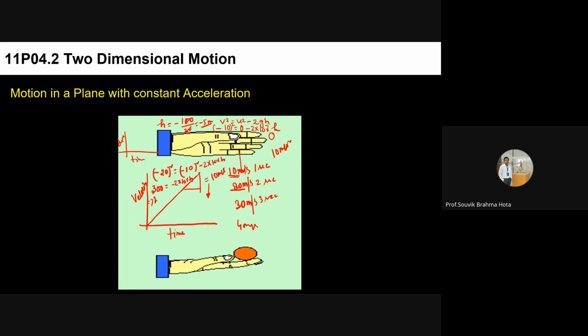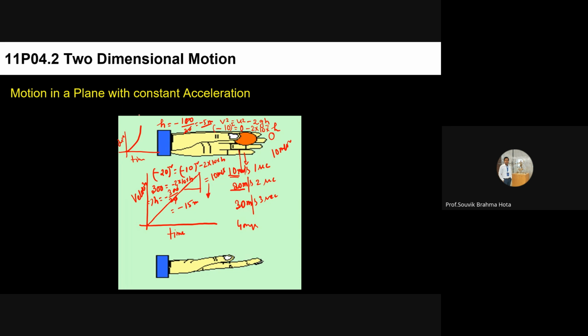Therefore h will become minus 300 by 20, so minus 15. So you see, in 1 second it went minus 5 meter, that means 5 meter downward. But in the second second it went minus 15 meter. That means total displacement is 5 and 15, so 20 meter. So it is not approaching linearly, it is basically approaching parabolically.